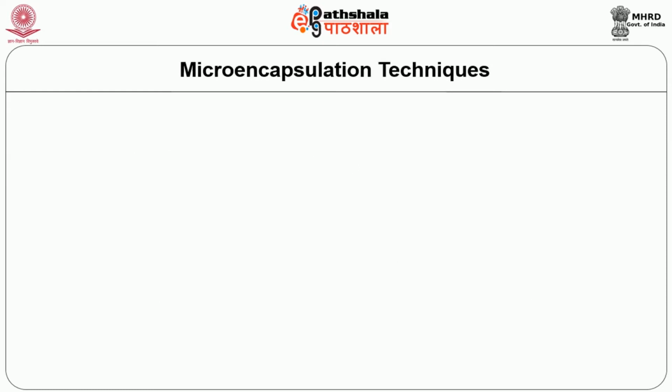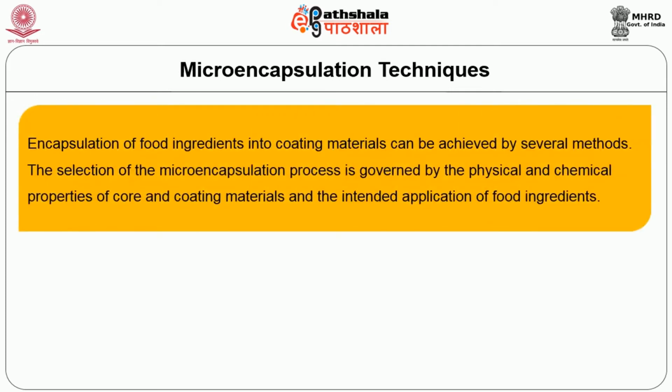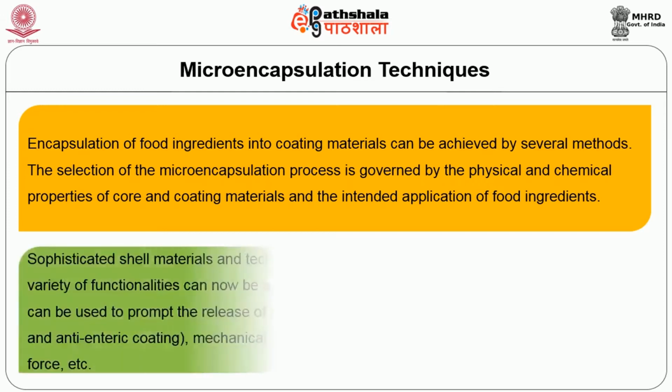Micro-encapsulation techniques. Encapsulation of food ingredients into coating material can be achieved by several methods. The selection of micro-encapsulation process is governed by the physical and chemical properties of the core and coating materials and the intended application of food ingredients.